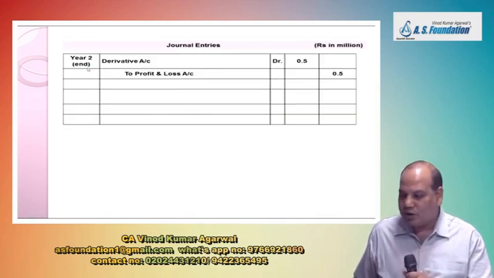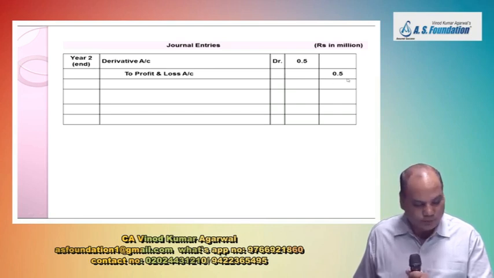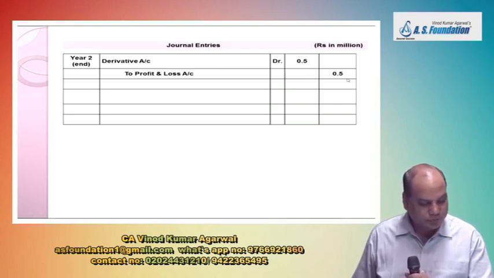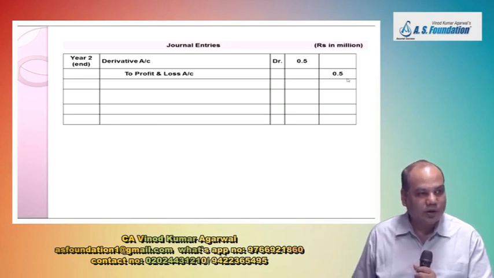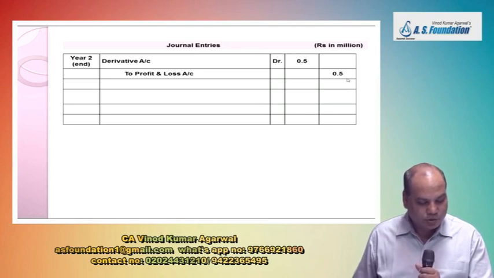So dear student, write down year 2 end. Exact date is not given. Derivative account debit 0.5 to P&L account 0.5. Is it written there? By the end of year 2, the derivative has a fair value of 0.5 million and the debt security has a corresponding decline in the fair value.